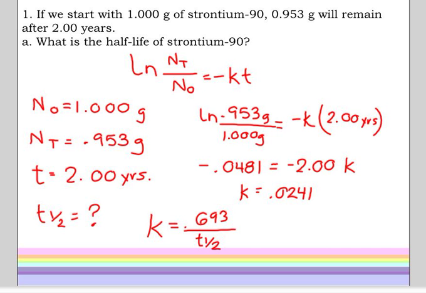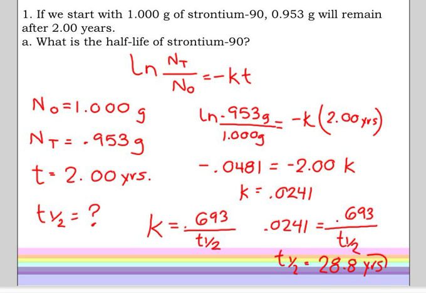So if we use this k we just got and plug it in, we can get our half-life. So 0.0241 equals 0.693 over our half-life. Use your algebra, get your half-life off the bottom, and we're going to get that our half-life is 28.8, and we're dealing with years, so our half-life is in years.